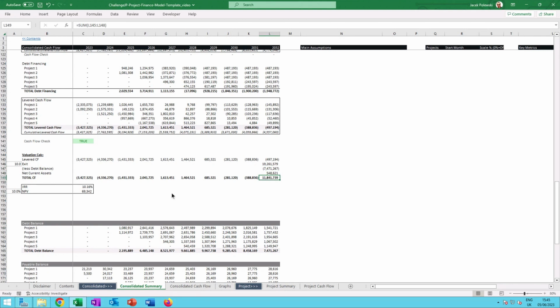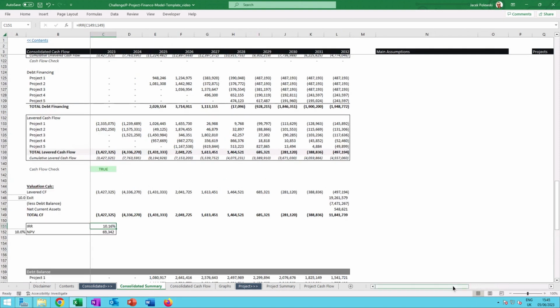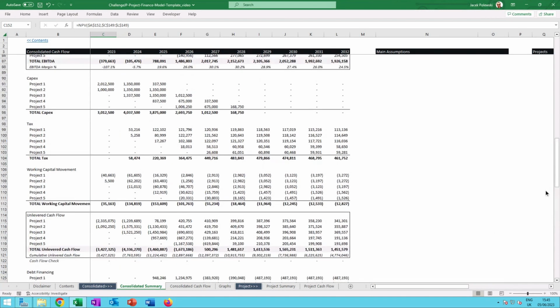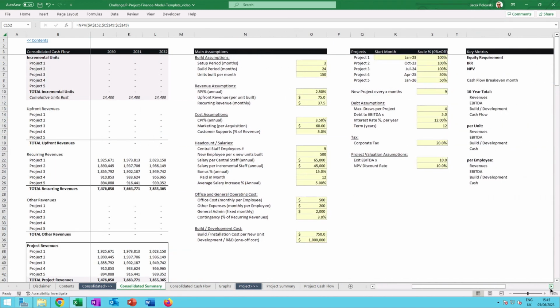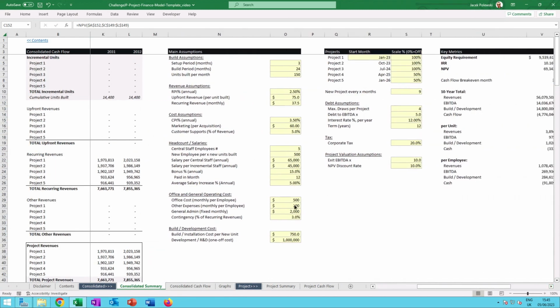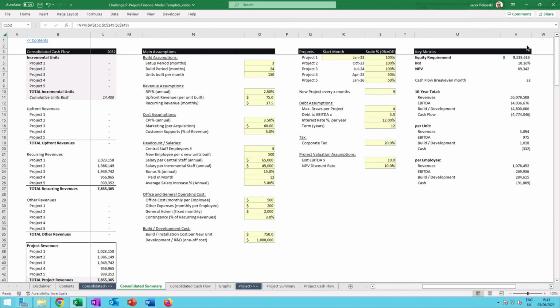This allows you to calculate the cash flows, which then are the basis for your IRR calculation, so internal rate of return, and also your NPV. And then I just bring those figures here. So you see all those are my main assumptions. And then I have my metrics in here.